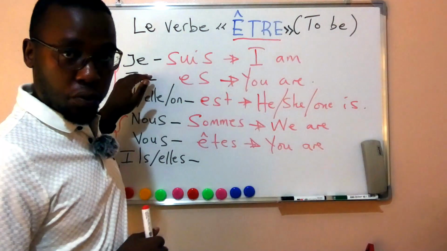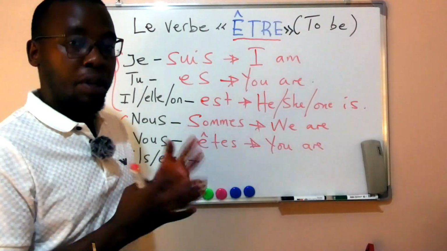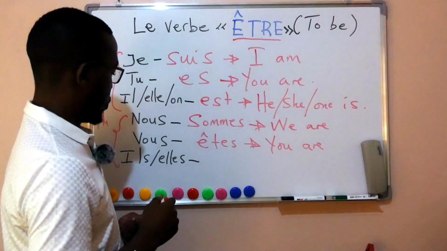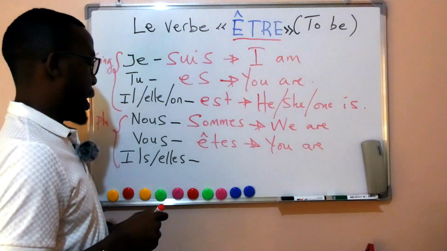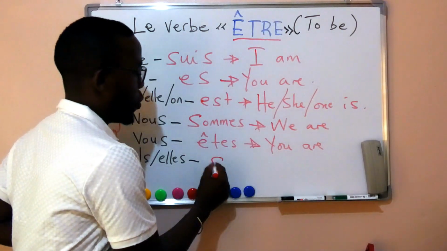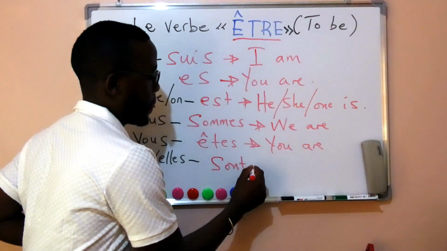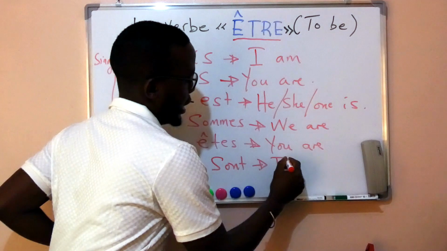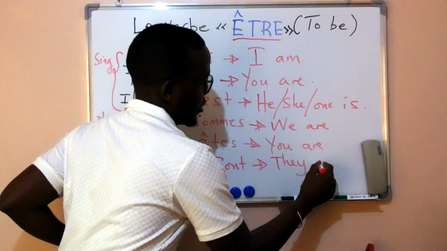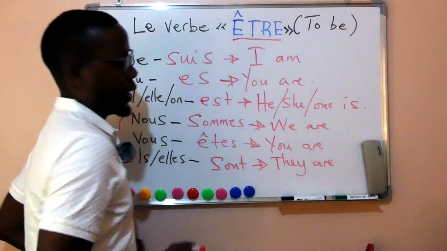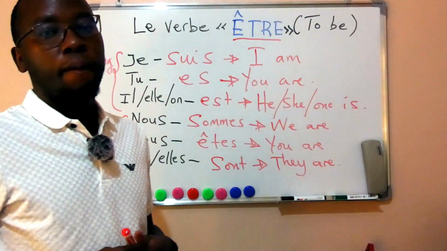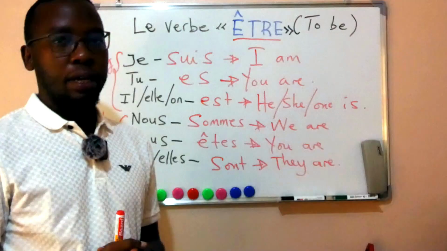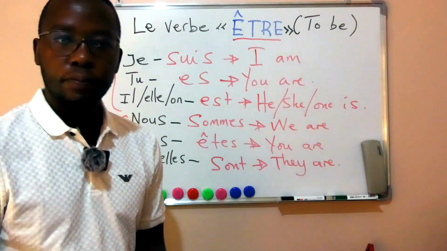You don't use tu. There is that element of respect in there. And then after that, we have ils, elles sont, which means they are.